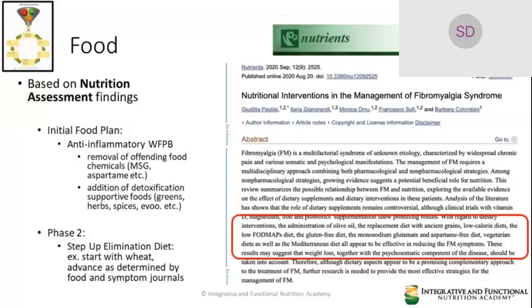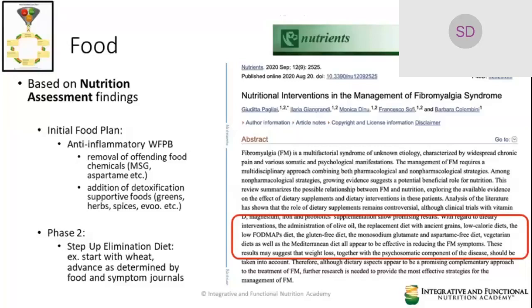it's a little small, but in this abstract, you can see that the authors write that with regard to dietary interventions, the administration of olive oil, the replacement diet with ancient grains, low-calorie diets, the low FODMAPs diet, the gluten-free diet, the MSG and aspartame-free diet, vegetarian diet, as well as the Mediterranean diet, all appear to be effective in reducing fibromyalgia symptoms.